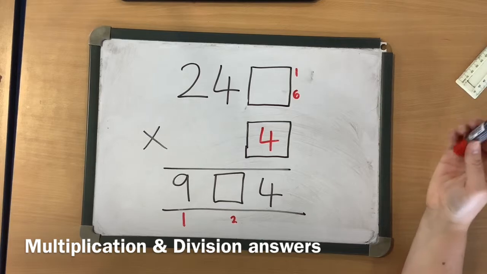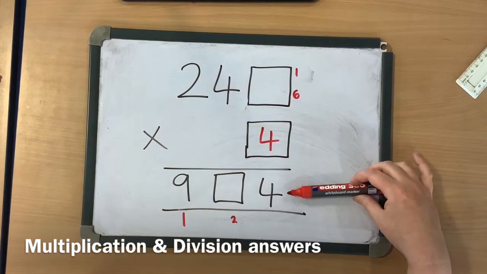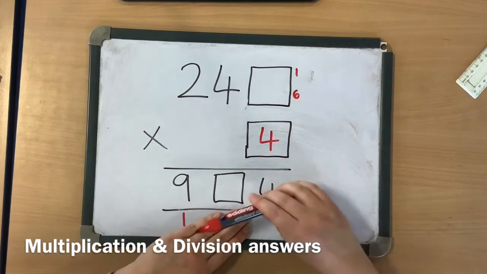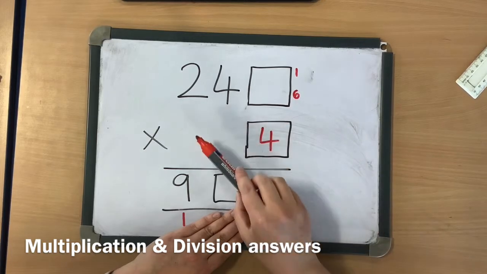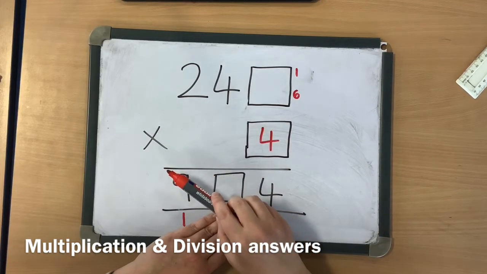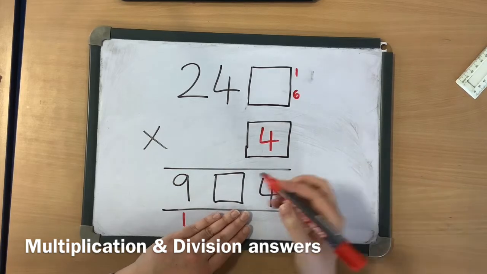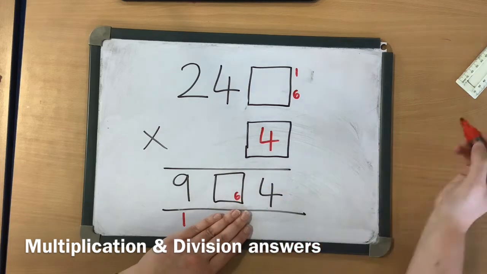If I stuck with the 1, I could have 1 times 4 is 4, and then if I cover this up for a moment, I'd have no regrouped tens. Then looking at my tens, I've got 4 times 4, equaling 16, which would give me my regrouped 100, which would mean that there's 6 in there.